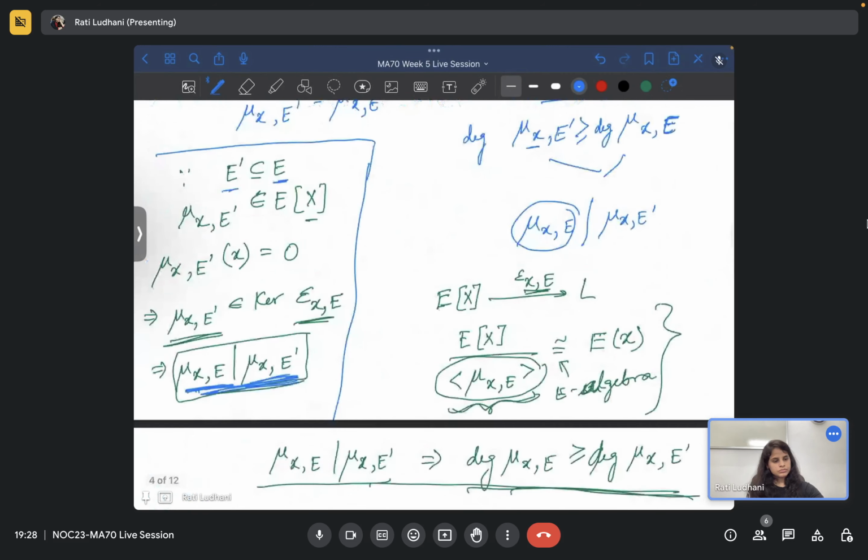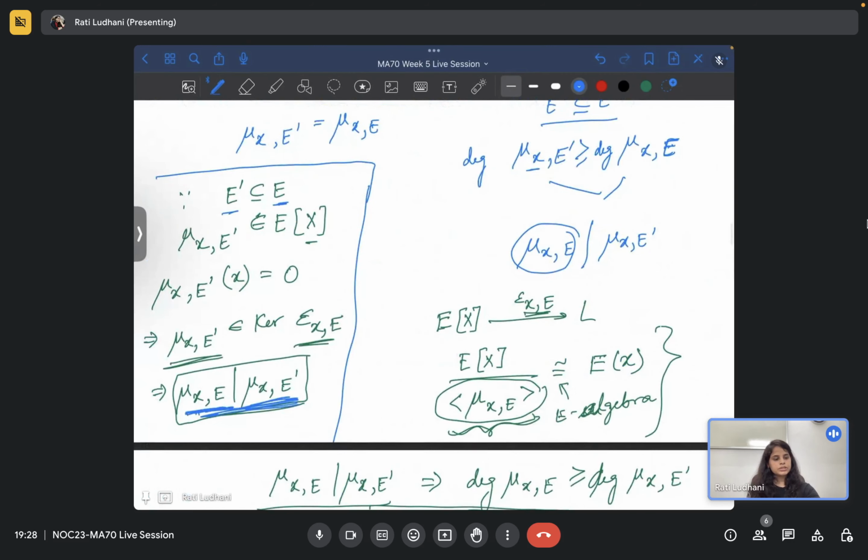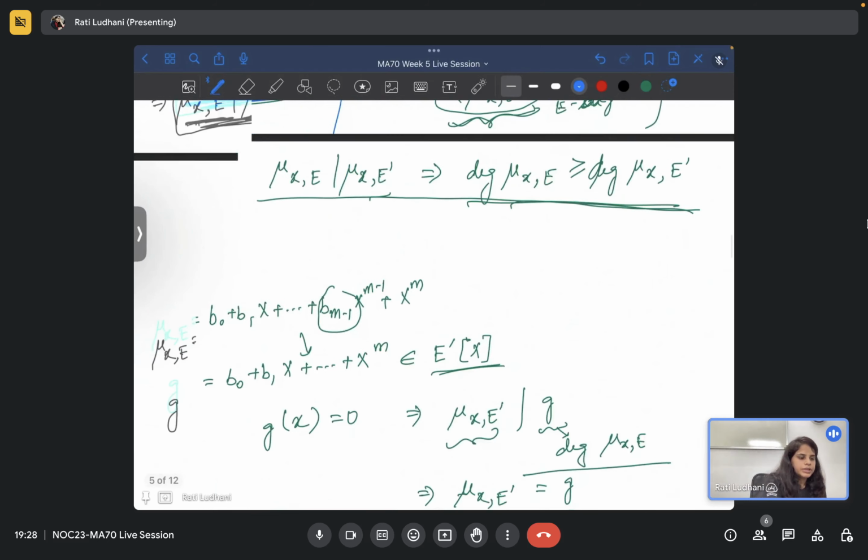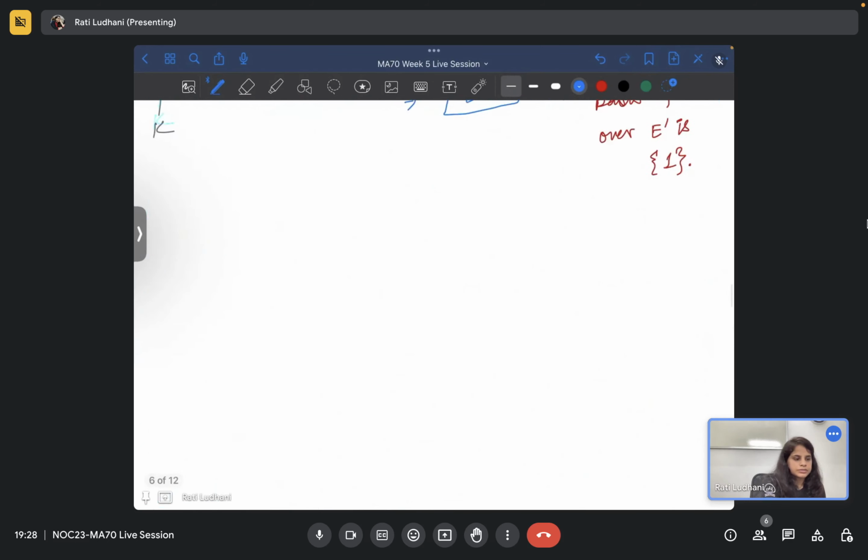So if E' is contained in E, then the minimal polynomial of x in the bigger field will divide the minimal polynomial of x in the smaller field. Is that okay? If you have any doubt, just let me know, I can explain again.